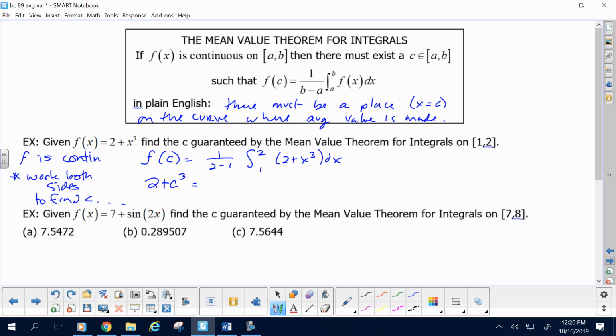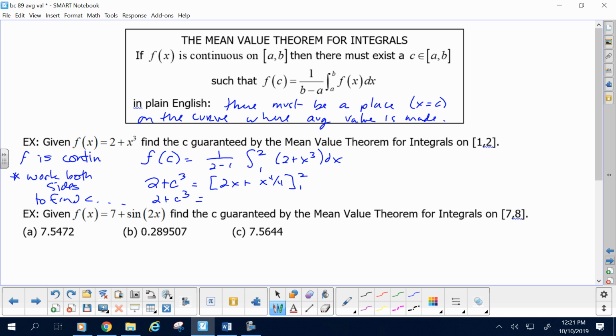Working the left side means just replacing the function, and let that chill for a second while we finish the right side. What is the antiderivative? The 1 over 2 minus 1 is 1. 2x plus x to the 4th over 4 from 1 to 2. Again, keep the 2 plus c cubed for a second until we finish the right side.